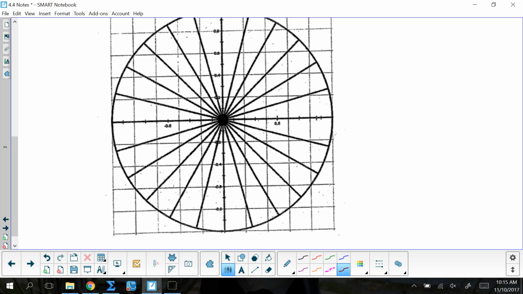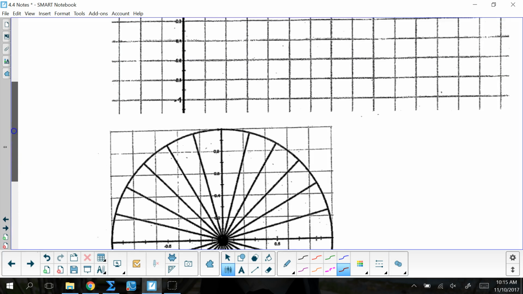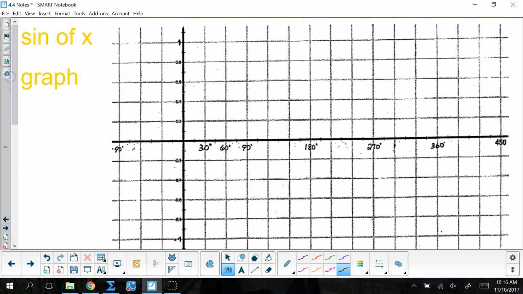Normally, when we are graphing a function for the first time, we make ourselves a t-chart. That's normally how we go about teaching you the function and seeing all the patterns. My t-chart would look like that, with x values here and y values there.